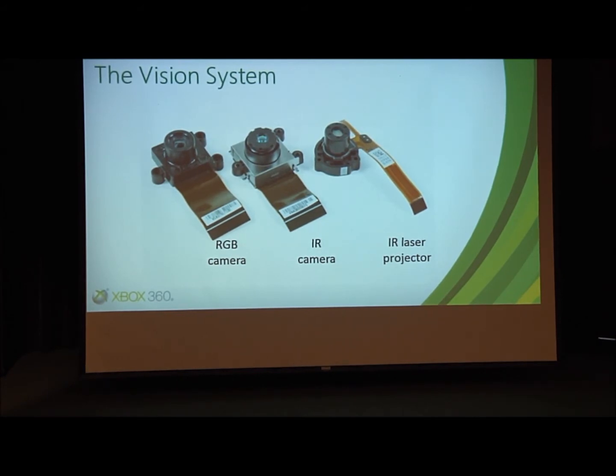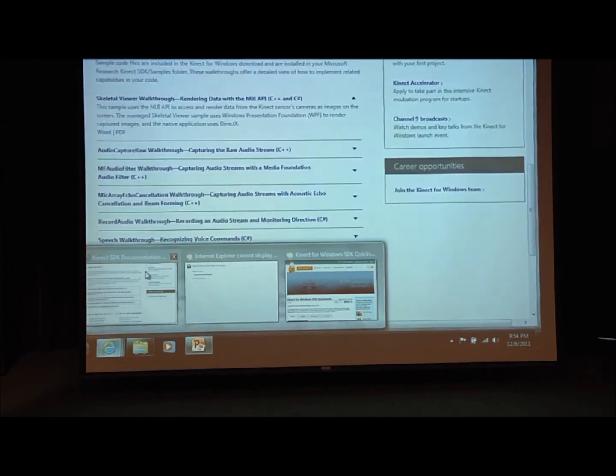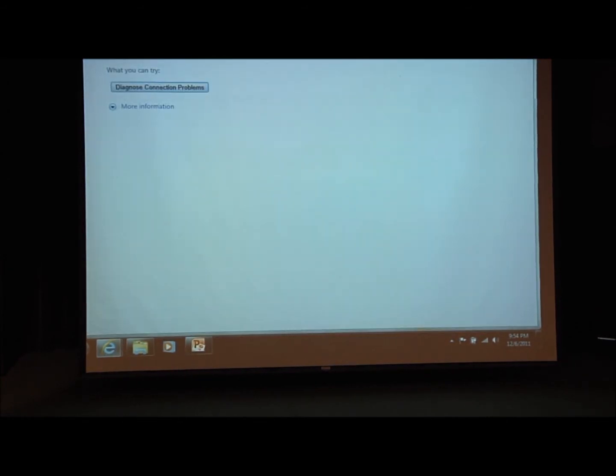The one other thing I would probably add to that is there's again a very strong community around Connect, and so if a feature actually bubbles up, what we've seen in the past is the community actually take a shot at solving the problem, on top of the official SDK. So you'll actually find a bunch of libraries. In fact, one of the sites that I forgot to show that I wanted to show, apart from the Connect for Windows and the channel line sites, is a site called Codeplex.